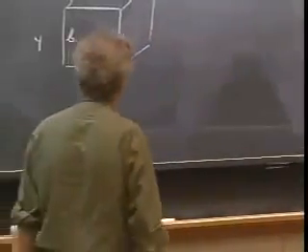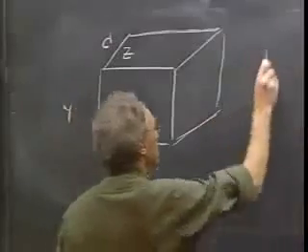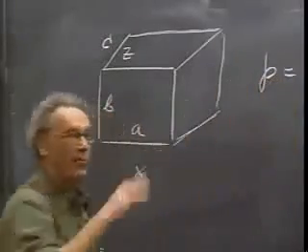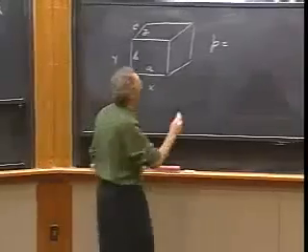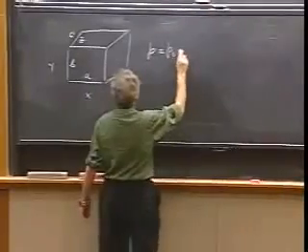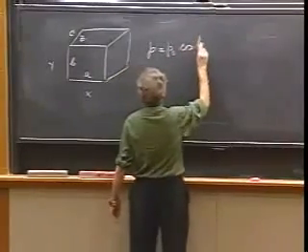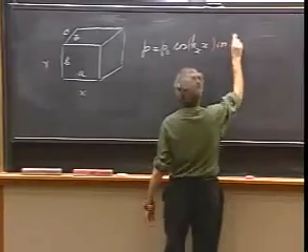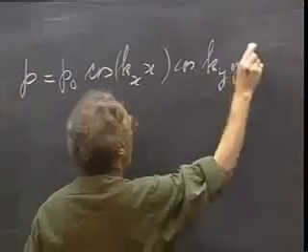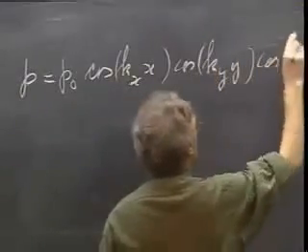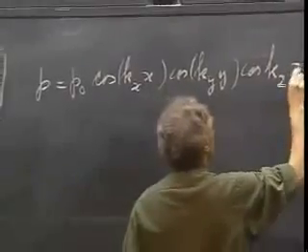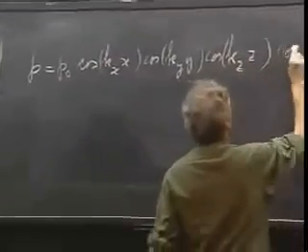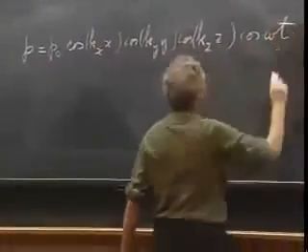So I can write down the pressure, P, that is the pressure over and above 1 atmosphere, as some amplitude P0 times the cosine of Kx times x times the cosine of Ky times y times the cosine of Kz times z times cosine omega t.